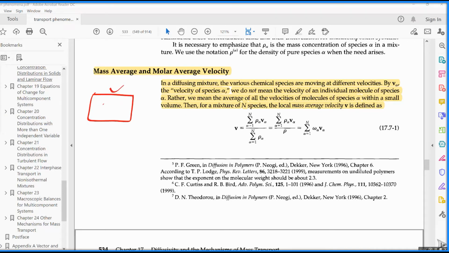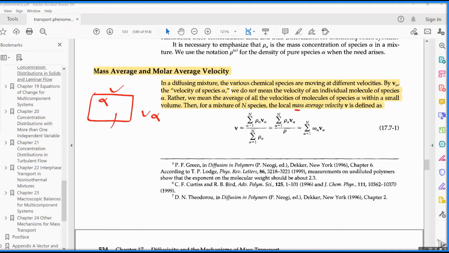Let's say this system contains the species alpha, and all the individual molecules are inside of the system. But here we talk about V alpha as the average velocity of this species alpha. Taking this definition, we can define the mass average velocity. What is the mass average velocity?